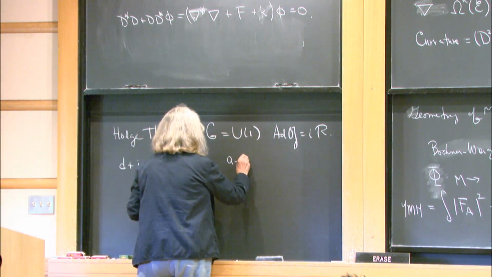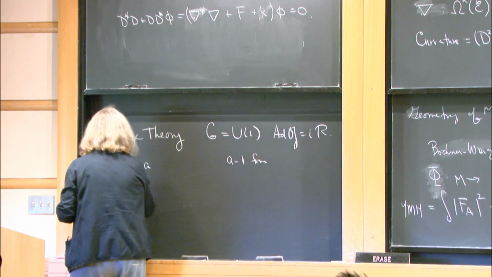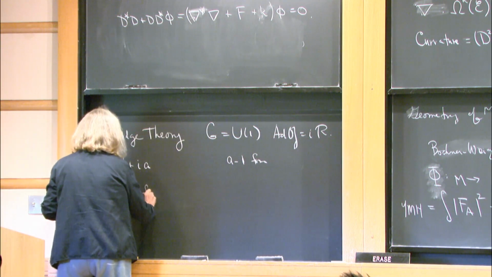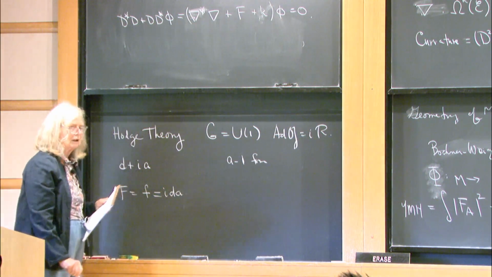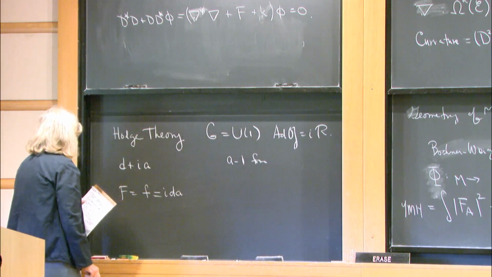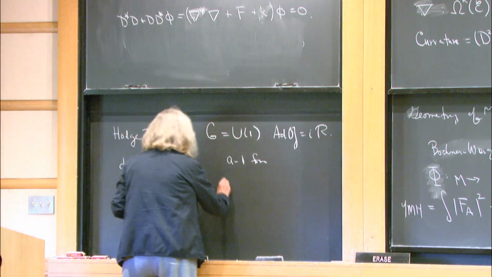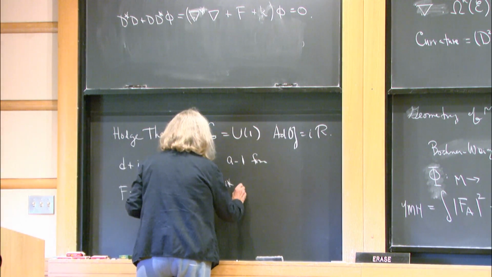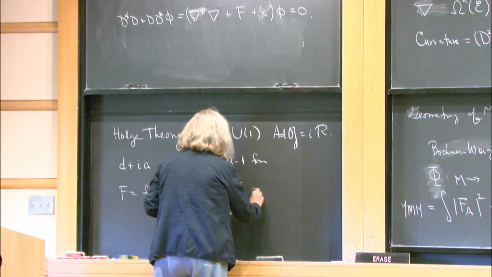And the curvature F is equal to i dA. No brackets, right? And so the Yang-Mills equations or whatever are going to be D star F equals 0.